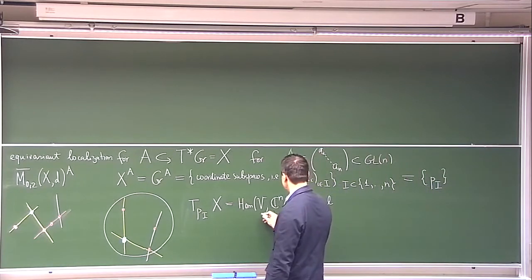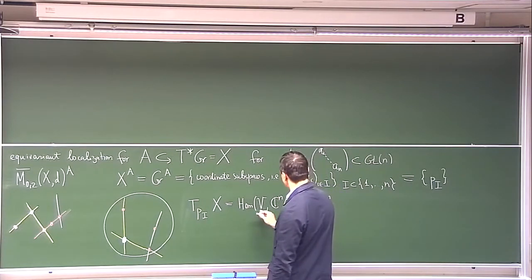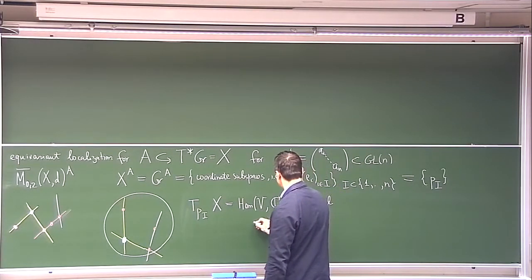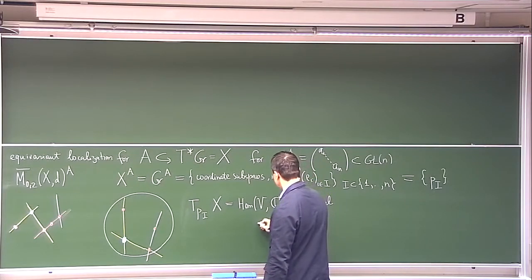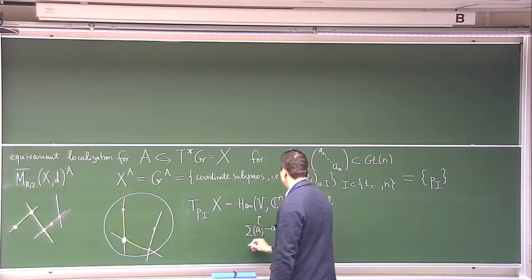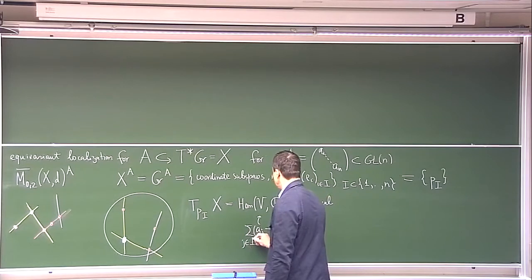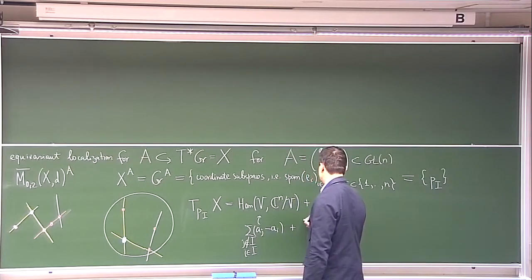And this has weights. Maybe I'll write it like this. The character is the summation of aj minus ai over j not in I, i in I, plus h bar.